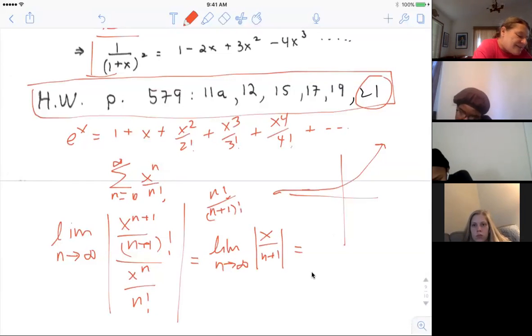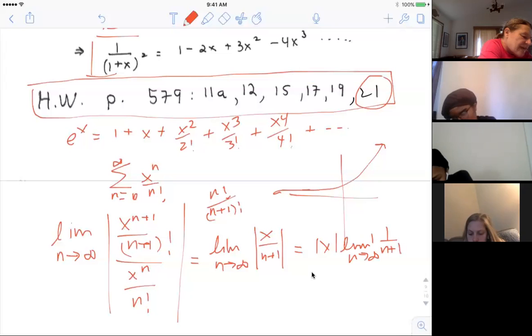If I pull out the absolute value of x and look at the limit, it's absolute value of x times the limit as n goes to infinity of 1 over n plus 1.